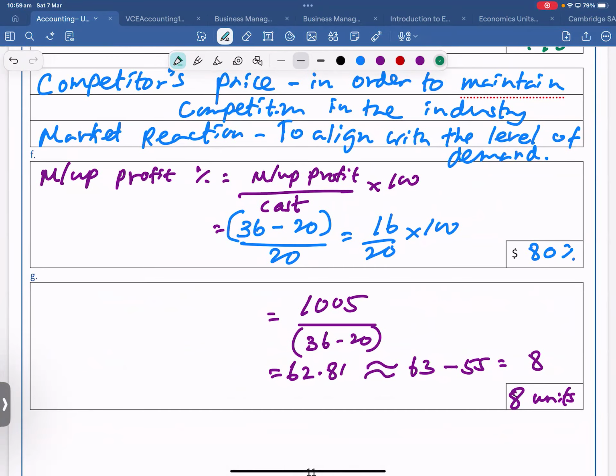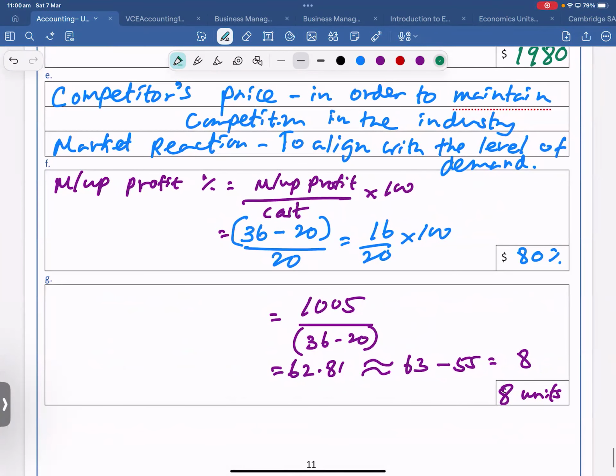Okay, so that's it for pricing strategies. How many pricing strategies did we do? We did 6.